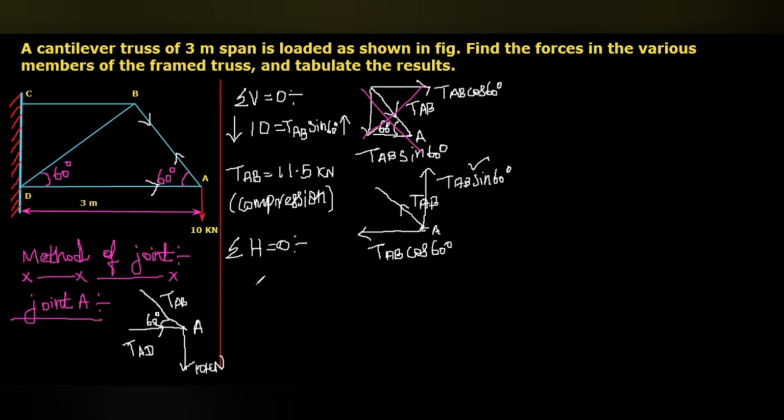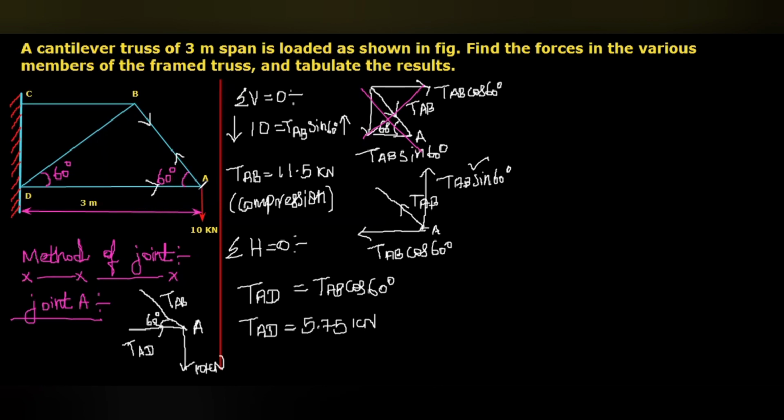So the algebraic sum of the horizontal forces is 0, so TAD equals TAB cos 60 degree. The value of TAB we already calculated. If you substitute and simplify, we will get the value of TAD equal to 5.75 kilonewton.